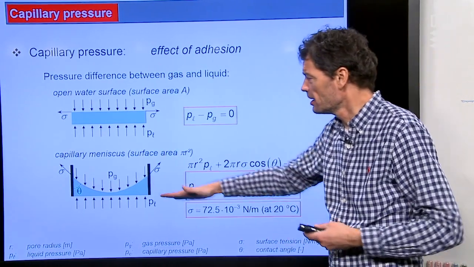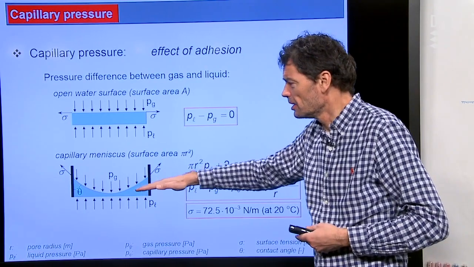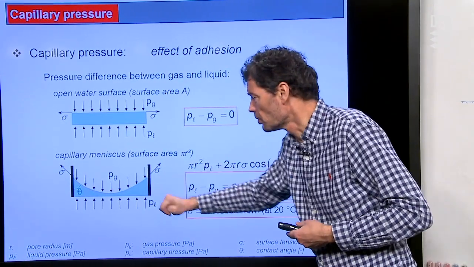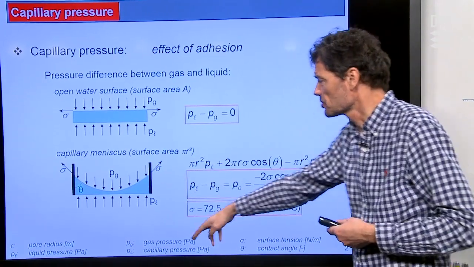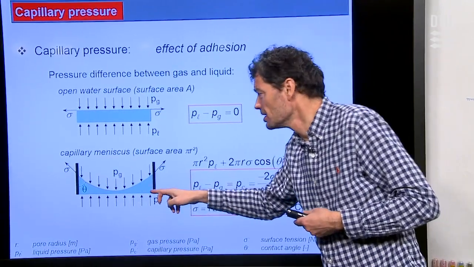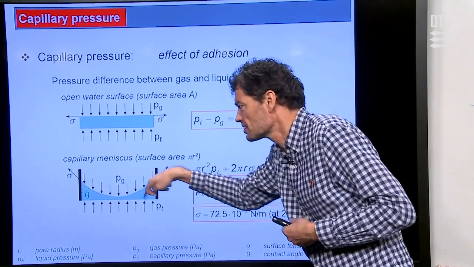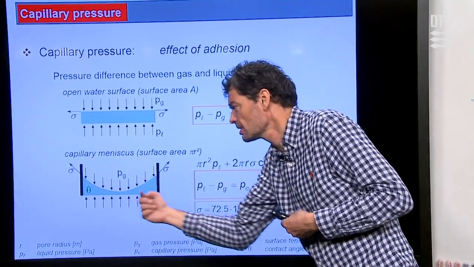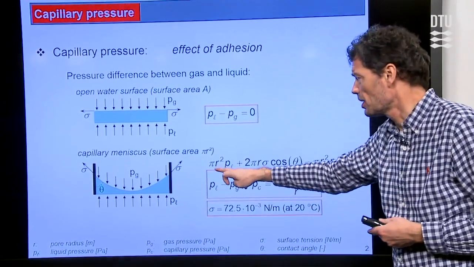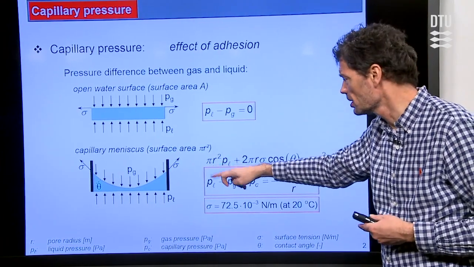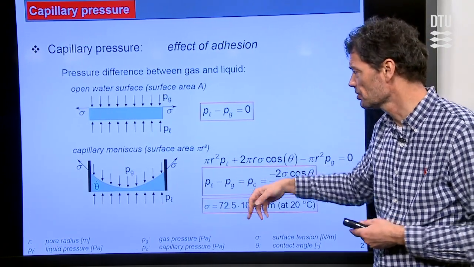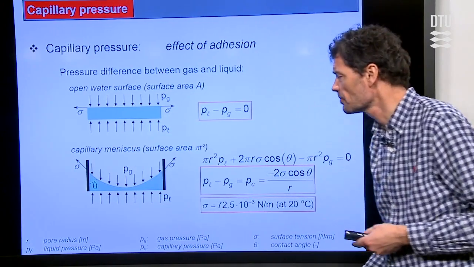If we make a pressure or force equilibrium over the water surface, first we have the liquid pressure times the area of the water. If this is a cylindrical pore, the area is pi times the radius squared, and that is the force pressing upwards.